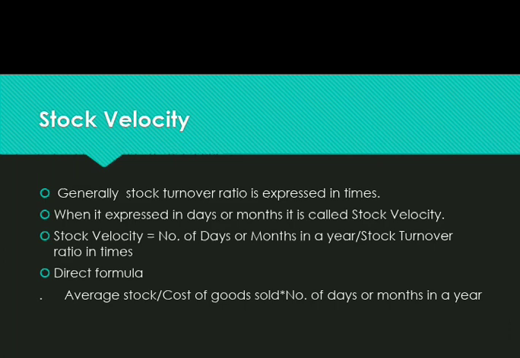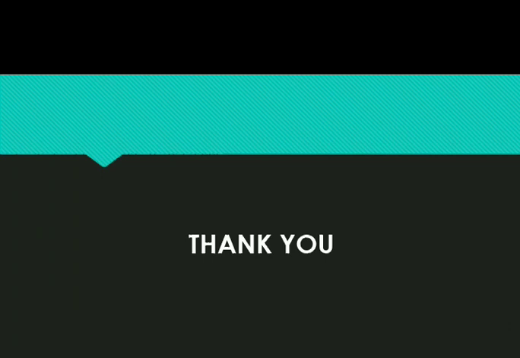Or, stock velocity is equal to the number of days or months in a year divided by the stock turnover ratio in times. We can get the stock velocity by dividing the number of days or months in a year by the stock turnover in times. These are all for today's class.